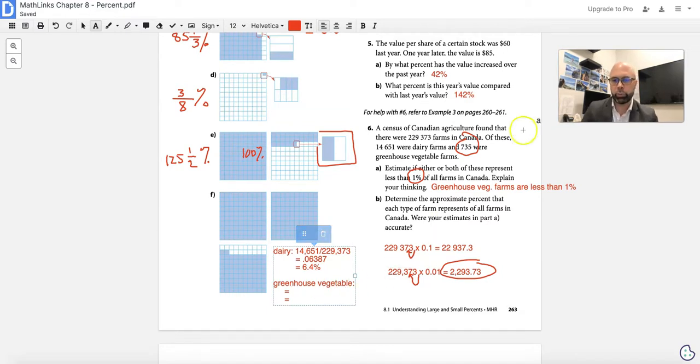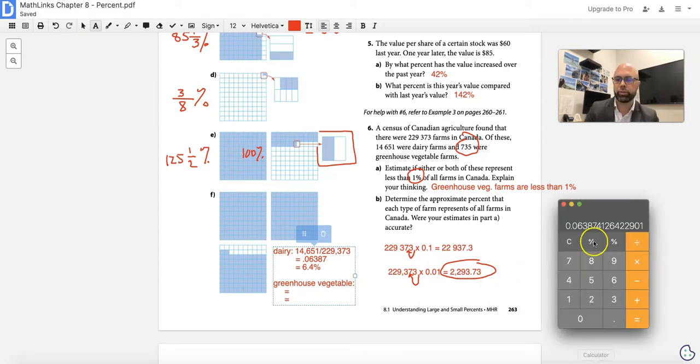Basically I'm going to say what percent or what fraction is 735 out of this, which is 1%. Look, it's less than a third. I think it's close to a third. So I'm going to say 0.003. That's my estimate.